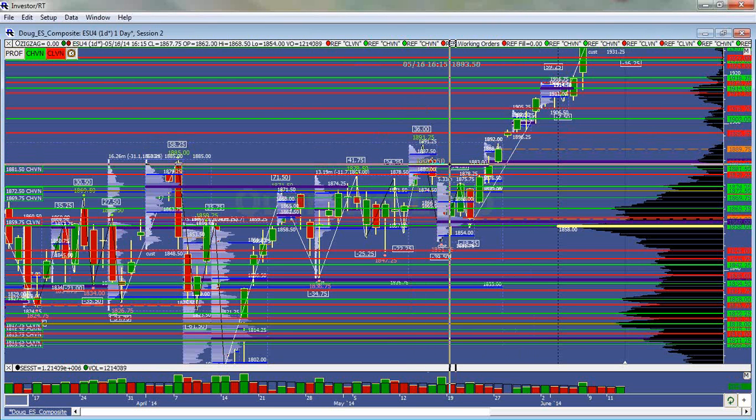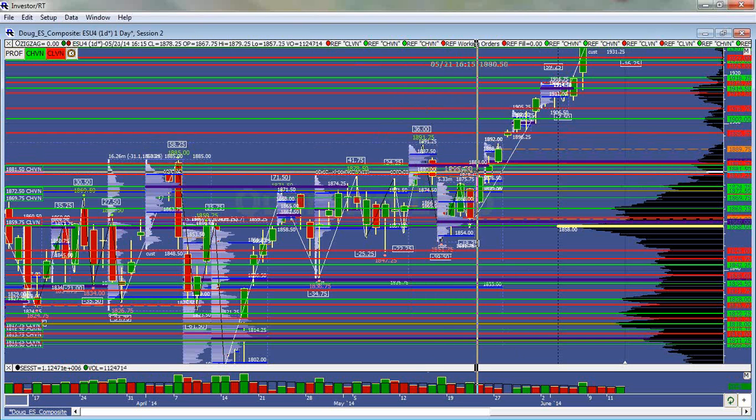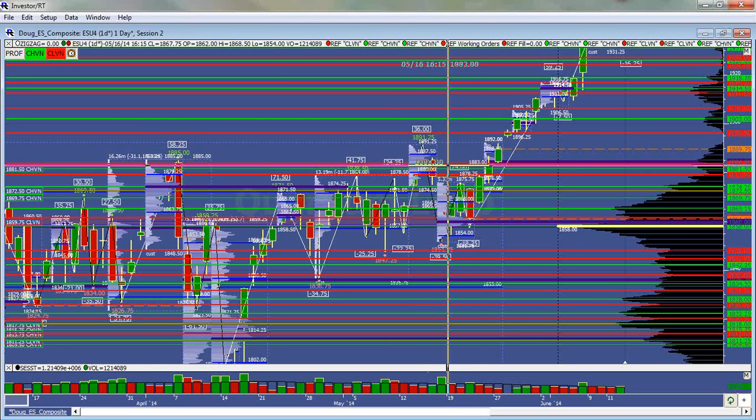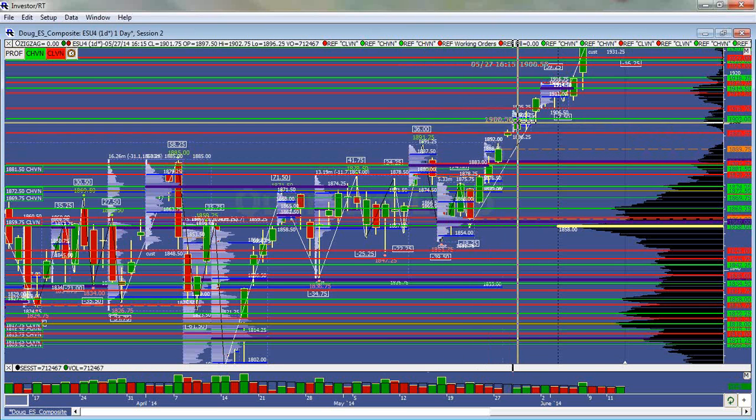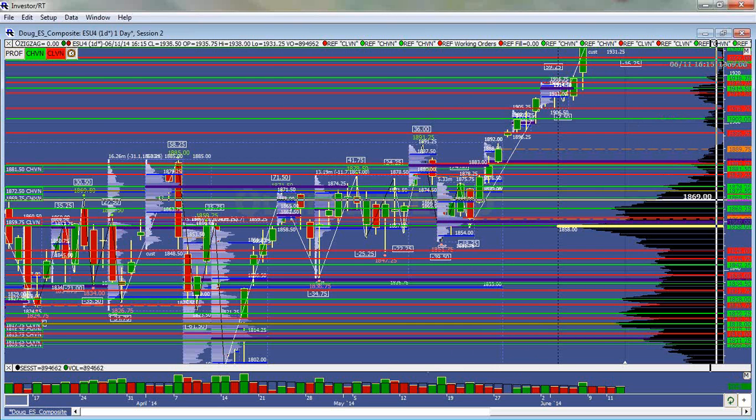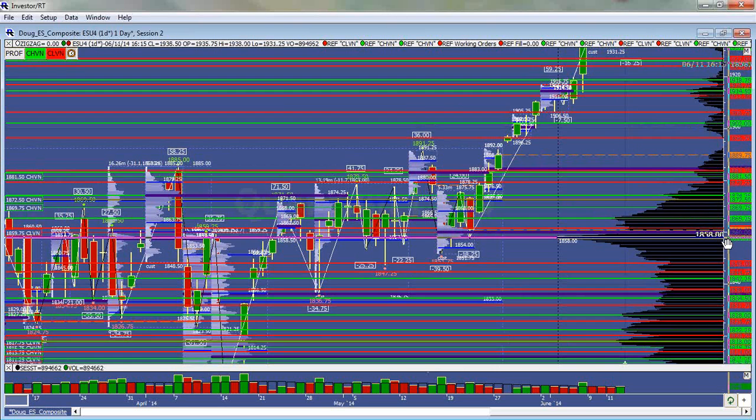Then they tried to hold value. It was 1890.50 on the June contract, and it's now 1883. Then they accepted that value, broke out, gapped up, and then held value up here at 1900 on the June contract. It was 1908.